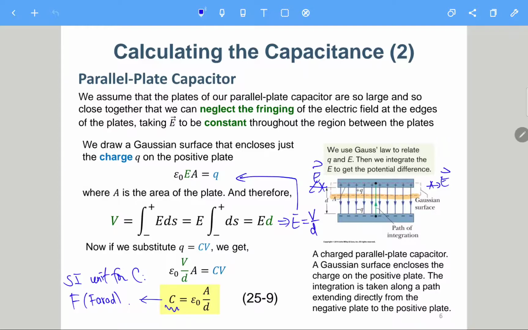If you learned high school physics, you already know this expression for C, but it tells you that if you hope to have a larger capacitance, the surface area should be larger, or you could place the two plates closer together, then the capacitance will also be larger. So this is the point for changing the capacitance regarding the geometric structure.